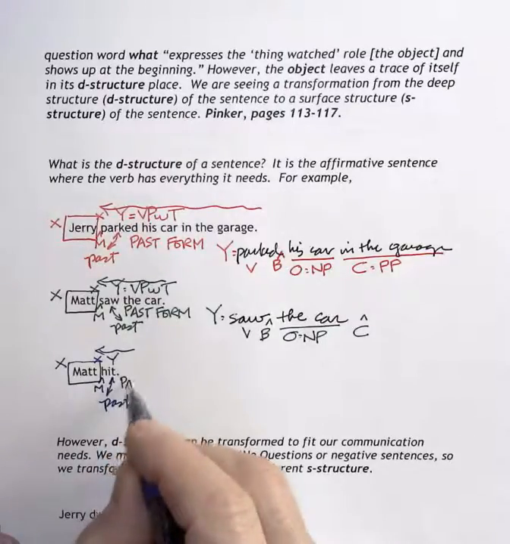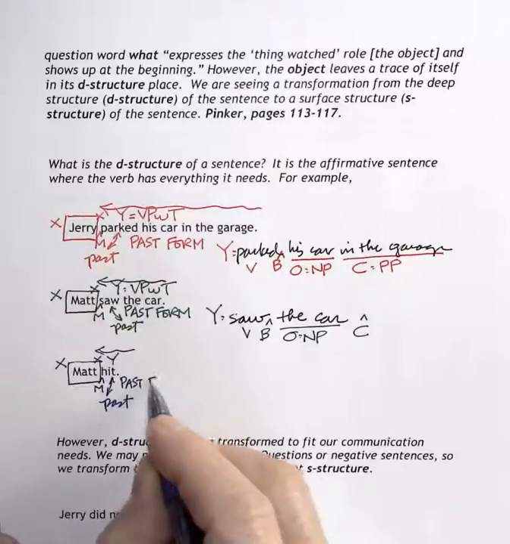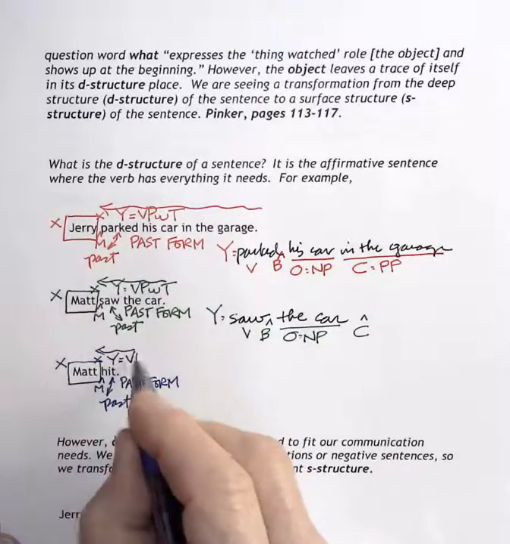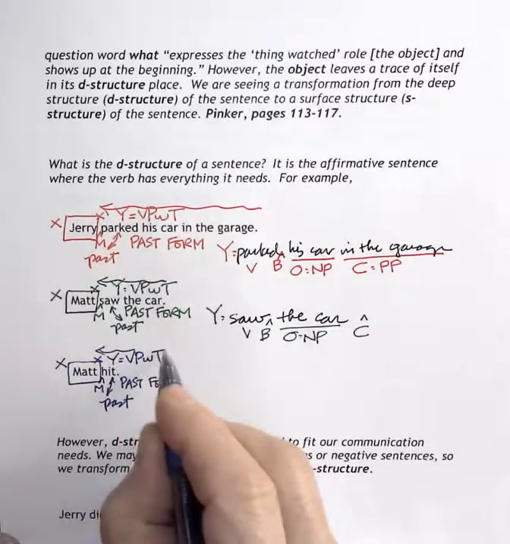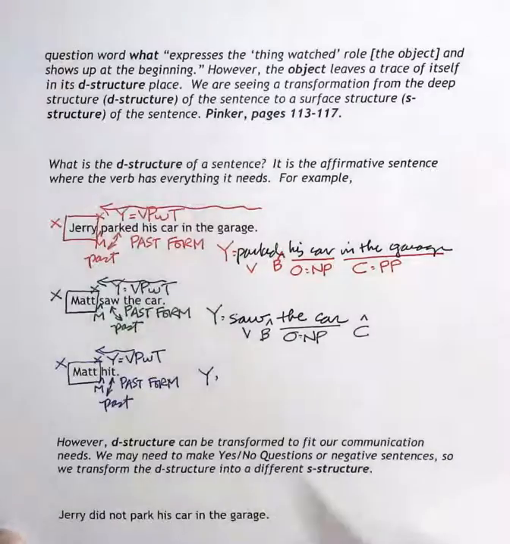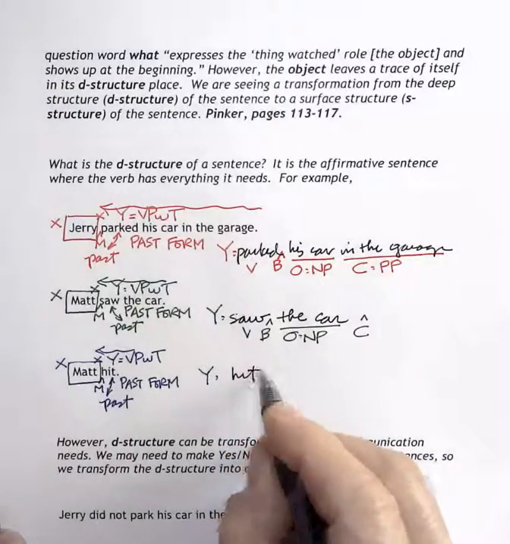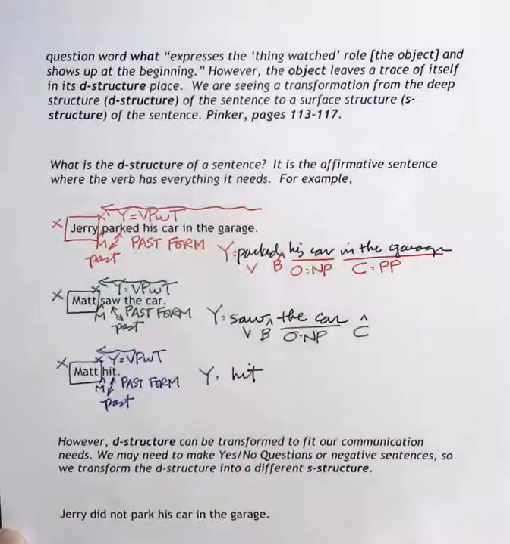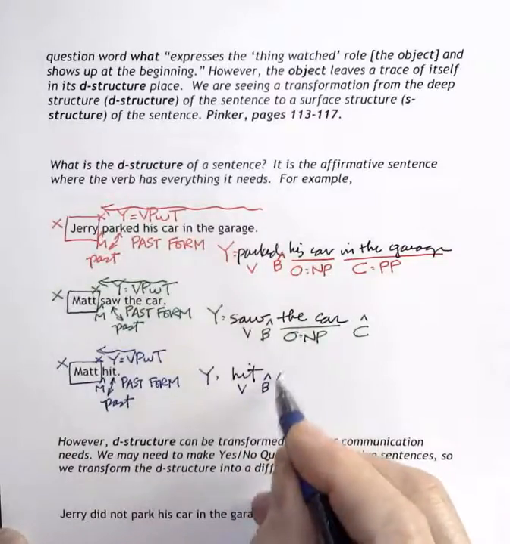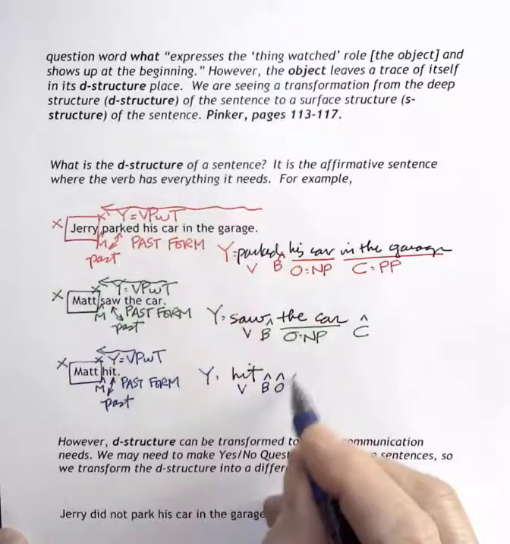It's the past form. It looks like another verb phrase with time. Let's take a look at the Y. Hit. It's the verb. Particle place is empty. Object place is empty. And complement place is empty.